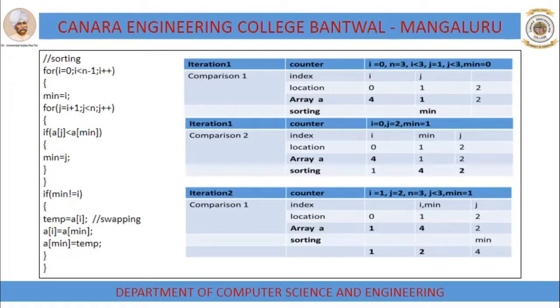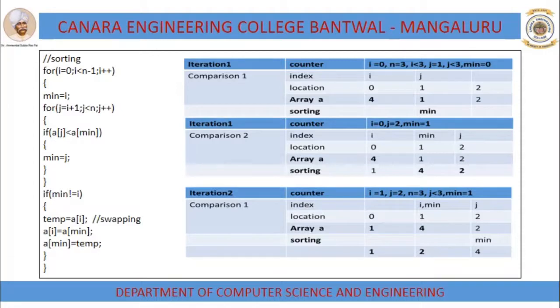A of minimum is a of 2, the value stored is 2 here. 2 is moved to a of I position, that is the second position. Then whatever value was there in temp will be moved to the position where minimum is pointing, that is a of 2 here. So the value 4 is moved from temp. So 2 and 4 are swapped now.